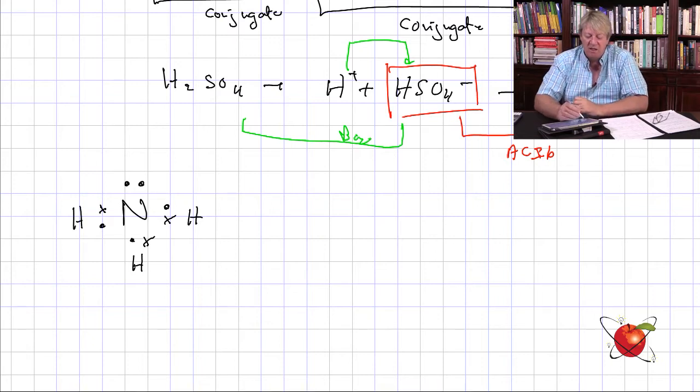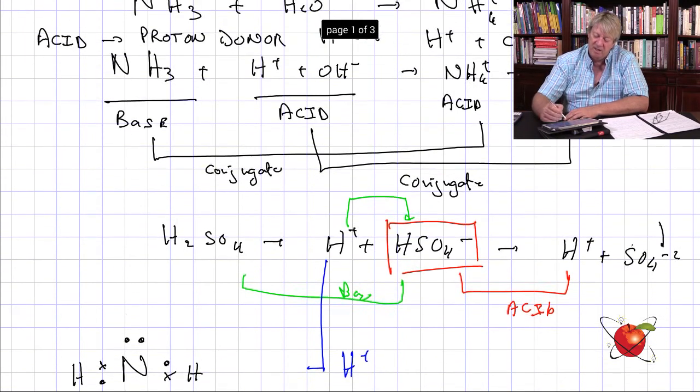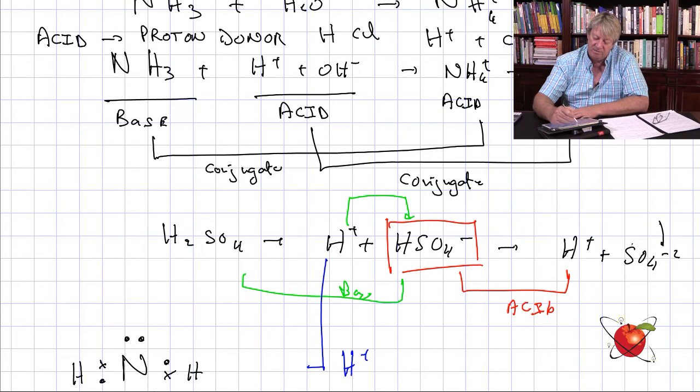We've just done this one. That lone pair over there. What we have to ask ourselves is about this proton over here. Okay, let's have a look for him. Let's make him blue. This proton, this H plus, is now on its own. Well, not that one. It's actually the one that comes from the ammonia up here. This one.